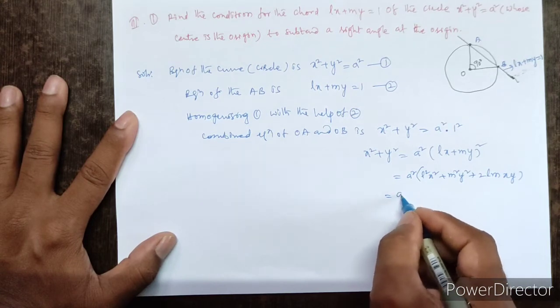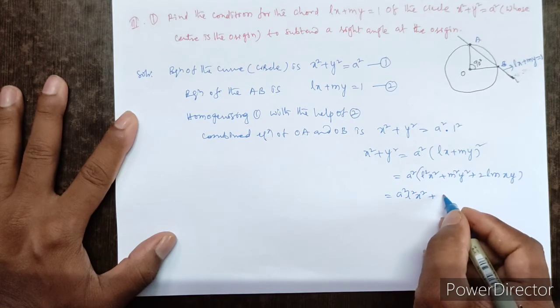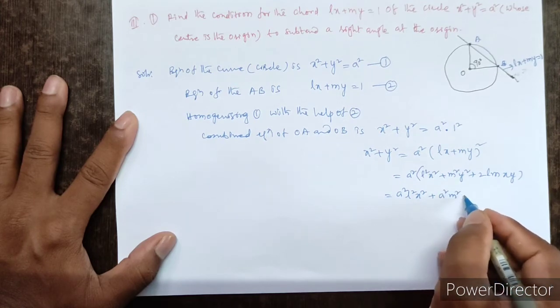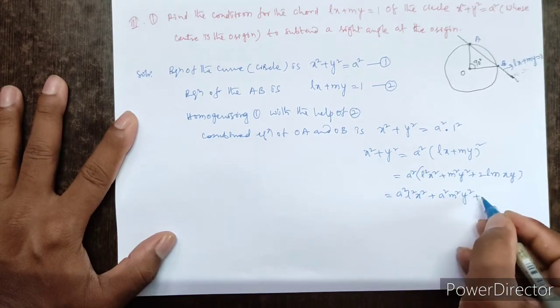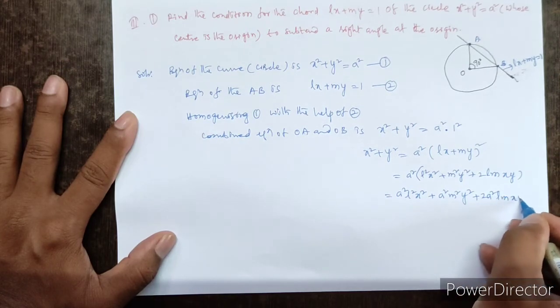Multiply with a square: L square x square, a square m square y square plus 2a square lm xy.